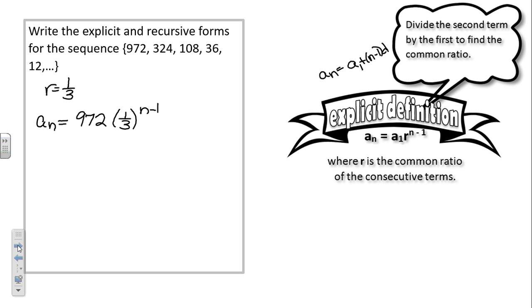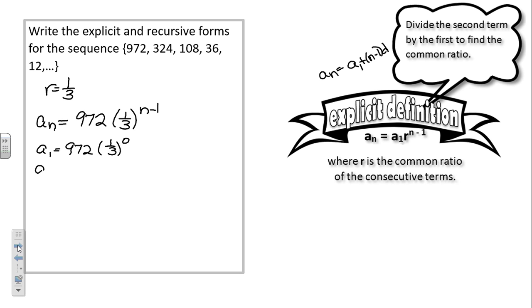Now let's see if that works. If we want our first term, that's 972 times 1/3 to the 1 minus 1, which is 0. Anything to the 0 power is 1, and 1 times 972 gives me 972.